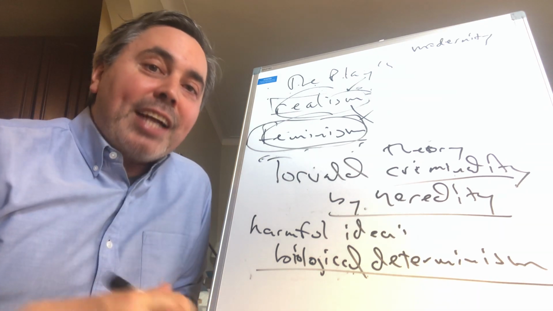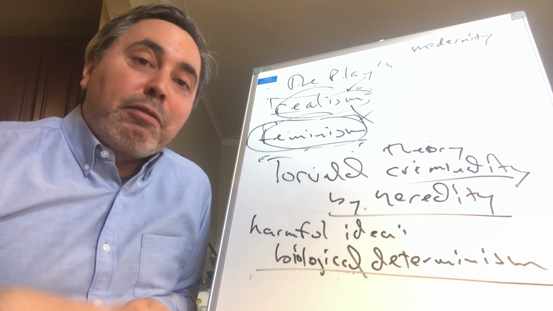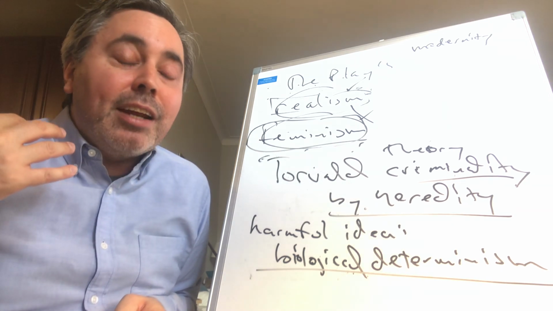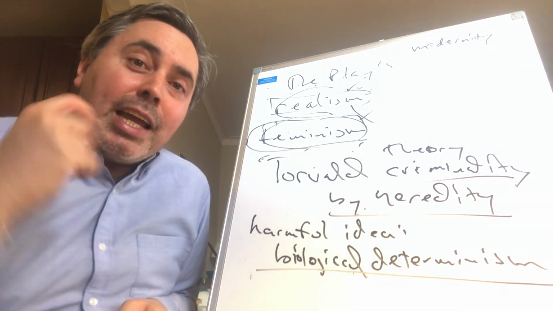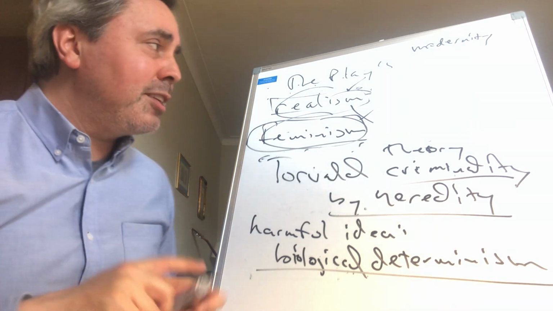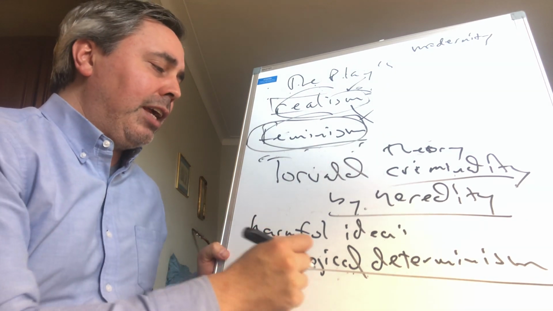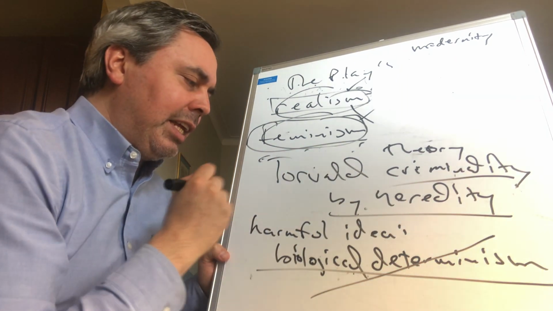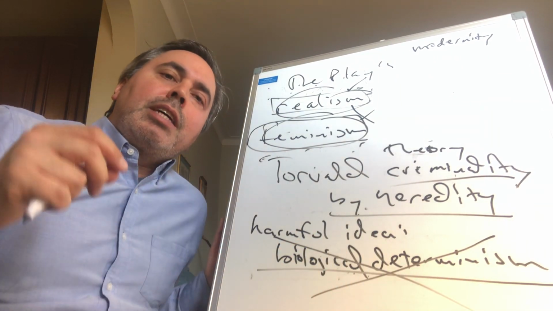We can't correct our faults that are there genetically. And it's in Torvald's mouth. So again, it's a criticism. And again, it speaks to the modernity, okay? That he's doubting this. He's doubting this theory.